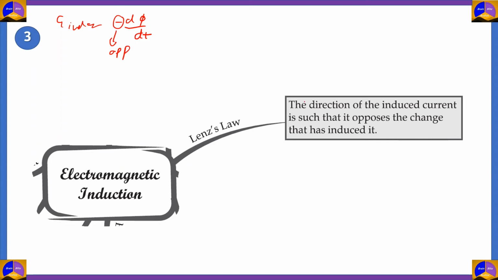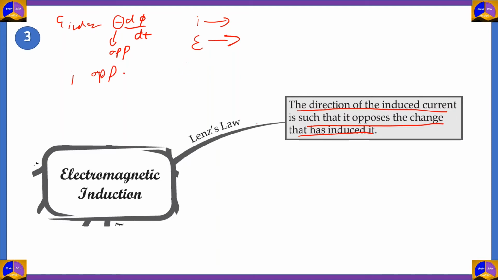The statement of Lenz's law states that the direction of the induced current is such that it opposes the change that has induced it. So this statement is according to Faraday's law. Whenever EMF is induced, there will also be induced current. And current and EMF are in the same direction, and since EMF is opposite to the change in magnetic flux, the current will also be opposite to the change in magnetic flux.